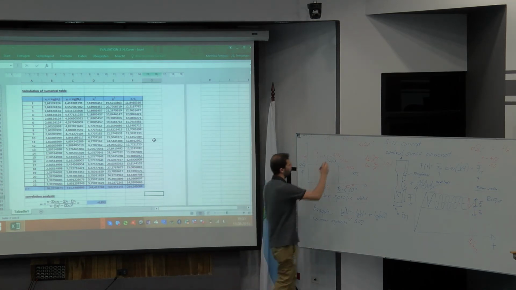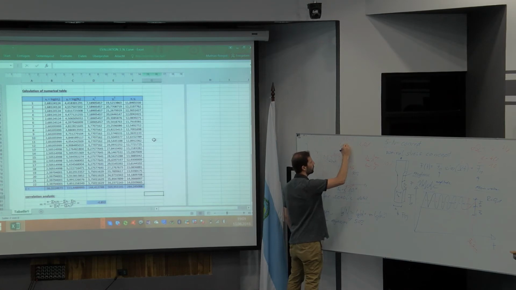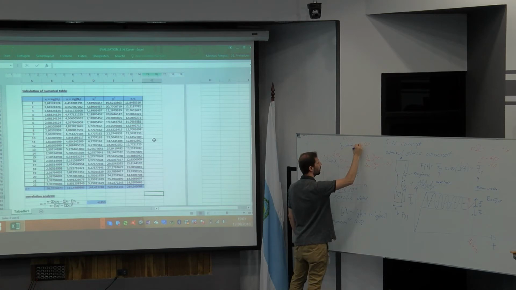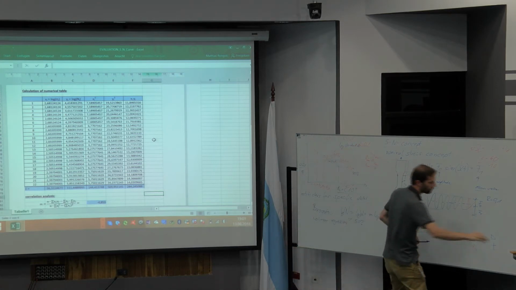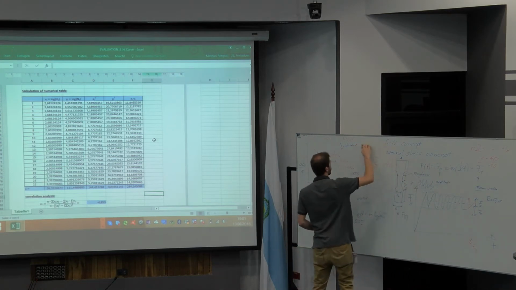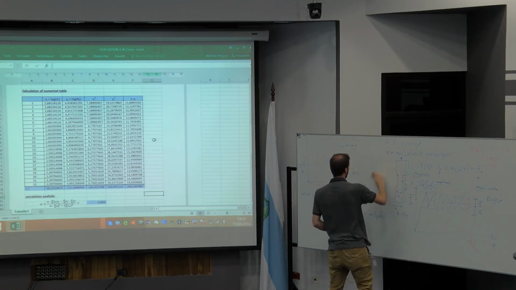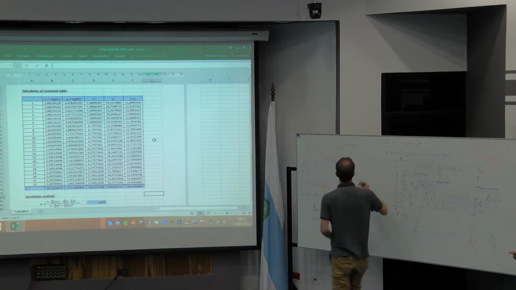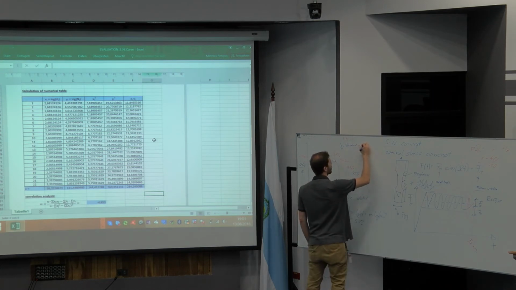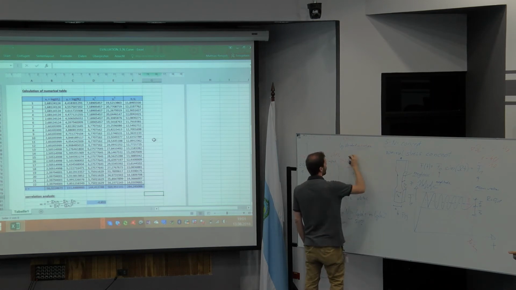With the logarithmic standard deviation, I can calculate the mean value.